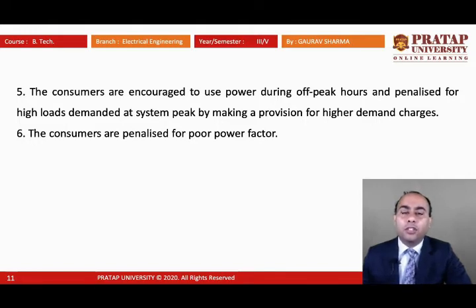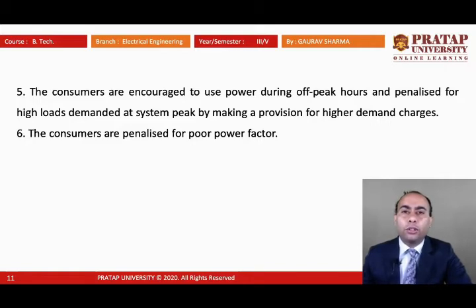If consumers are using electricity during the high peak hours, like 9 p.m. or 8 p.m. at night, we can penalize those consumers. By this, other people can be encouraged. The consumers are also penalized for poor power factor.